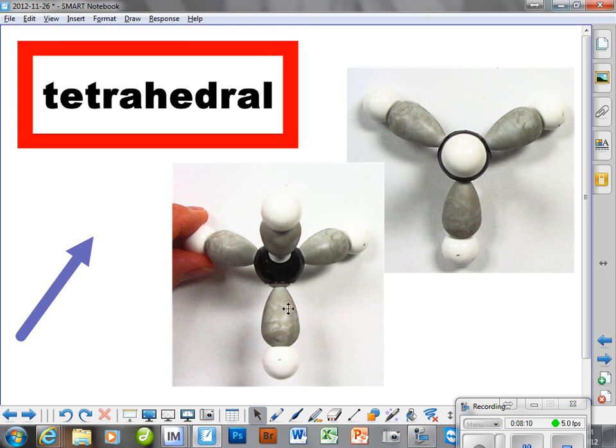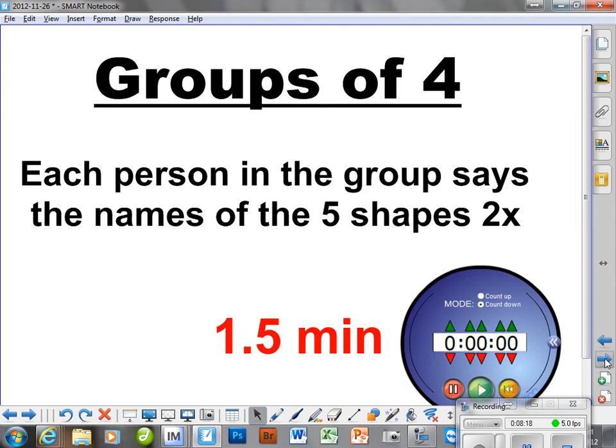So these are very, very nice to be able to look at and get a visual on what these shapes are all about. So what we did is had everybody say all of these shapes, the 5 shapes, 2 times. We got together in groups of 4, and everybody said all the shapes 2 times. If they were in a group of 3, they said it 3 times.